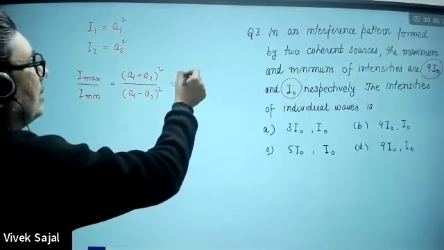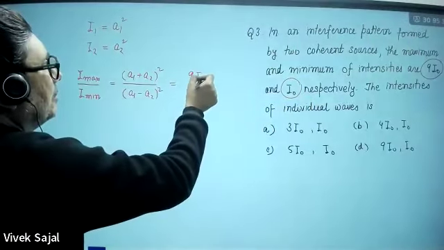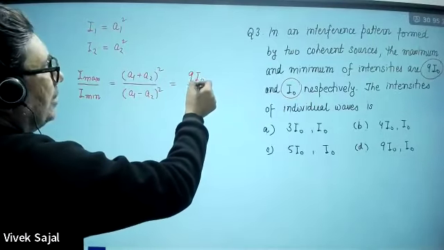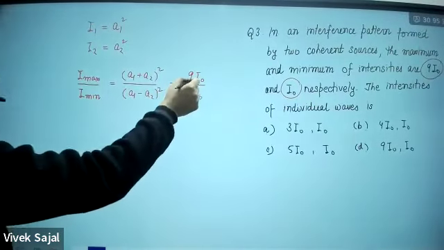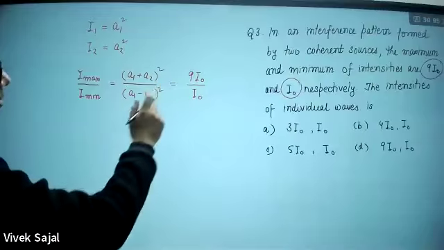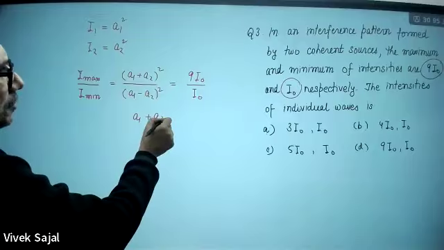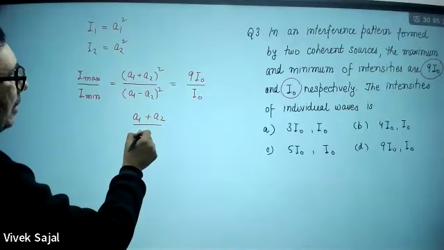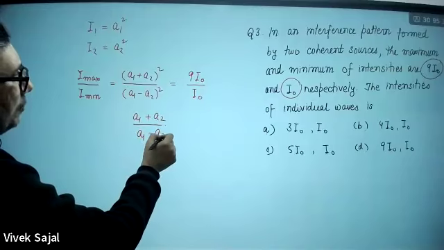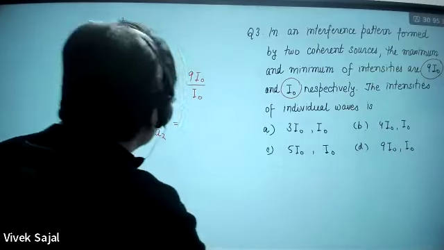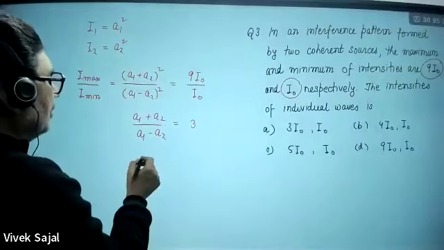So I write 9 I0 divided by I0; I0 will cancel out and this will be 9 only. Take the square root of this equation. This will be A1 plus A2 divided by A1 minus A2, which is 3.